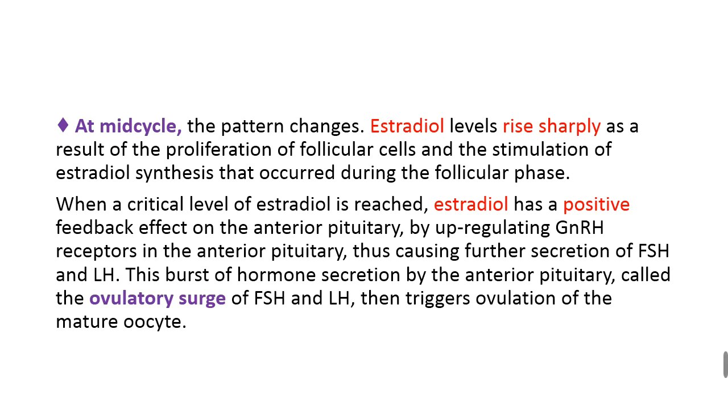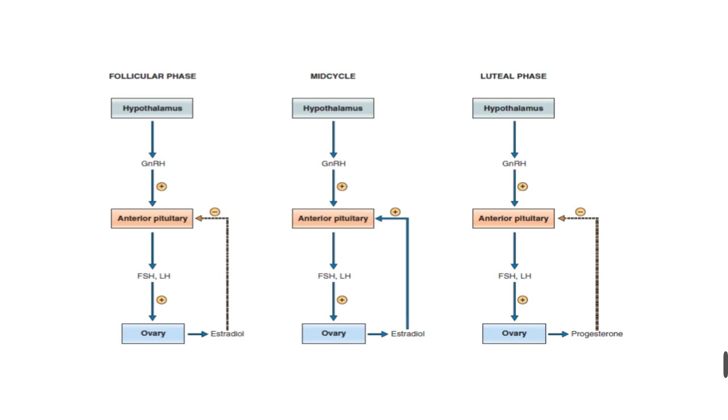This is how LH concentration in the blood will be very high at the time of ovulation, which is called the ovulatory surge of FSH and LH. This then triggers ovulation of the mature oocytes. This is the follicular phase, the mid-cycle, and the luteal phase.